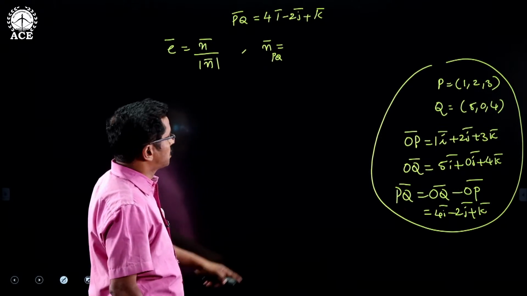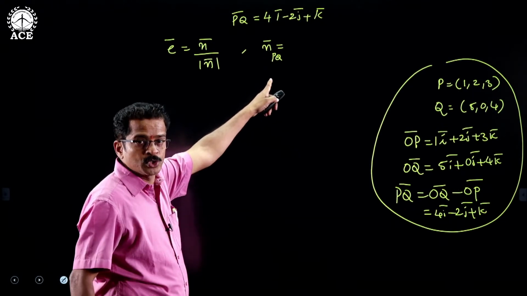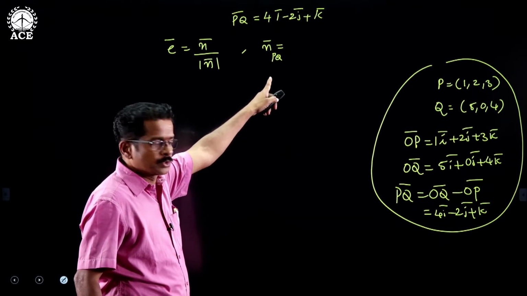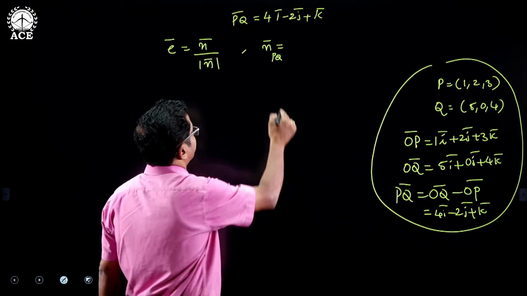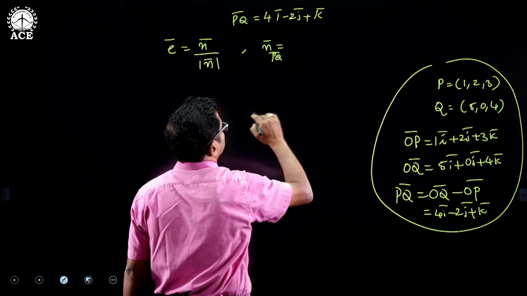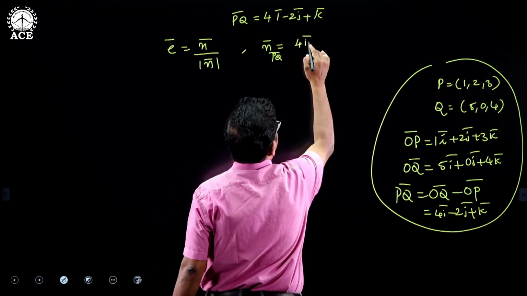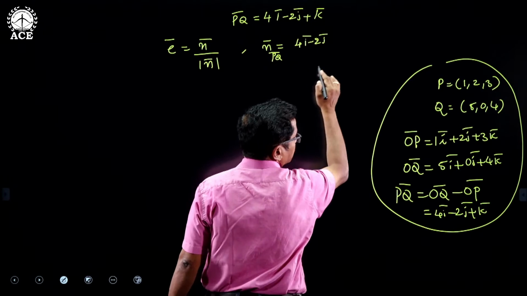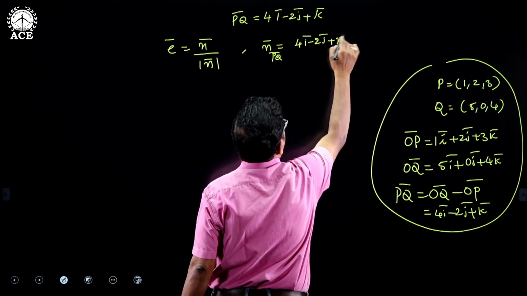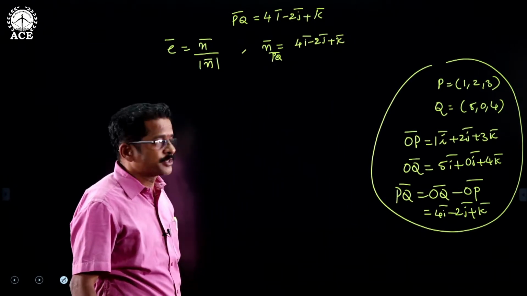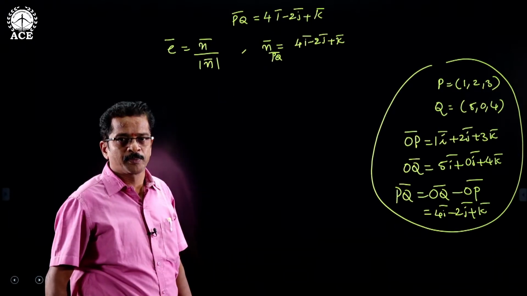Now I am going to evaluate the vector n bar, which equals 4 I bar minus 2 J bar plus K bar, evaluated along the vector PQ bar.